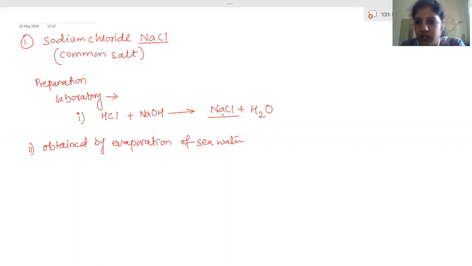But what we use at home is iodized common salt, meaning some amount of iodine is added to the common salt. In my childhood we didn't have it, but nowadays there is a requirement.